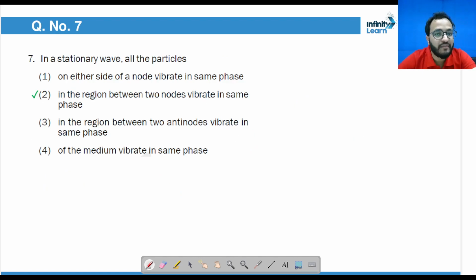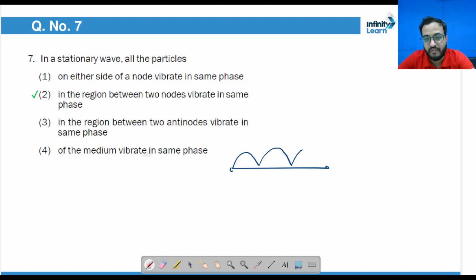In a stationary wave, suppose this is a stationary wave in its third harmonic. What happens if I talk about the particles here? These particles are together going up and they are all in the same phase.